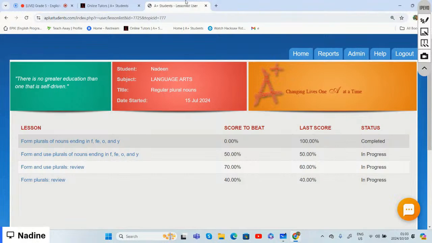All right, so this is a continuation of our previous lesson on regular plural nouns. In our previous lessons, we had to form plurals of nouns ending in f, fe, o, and y, and we also had to use plurals of nouns ending in f, fe, o, and y.